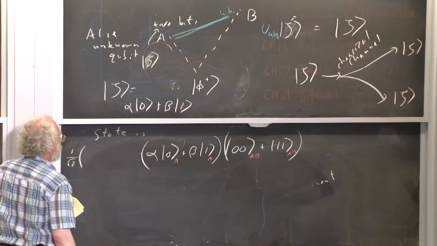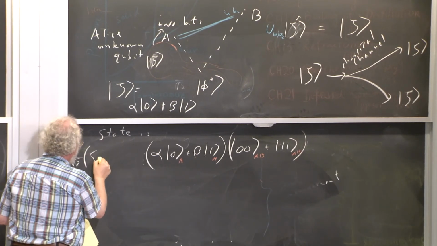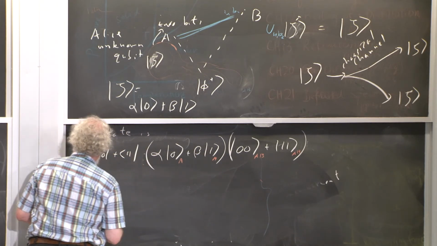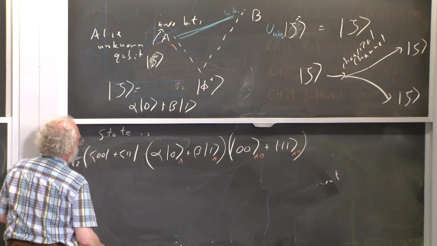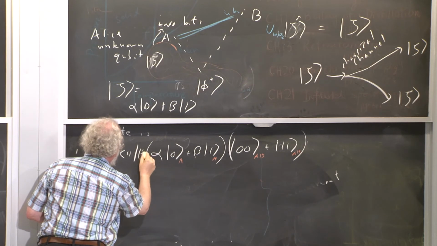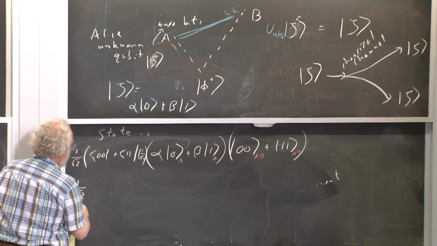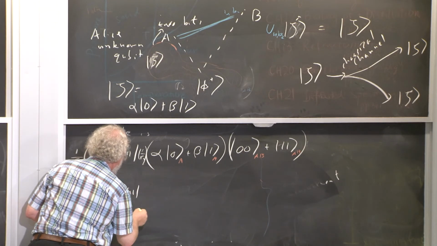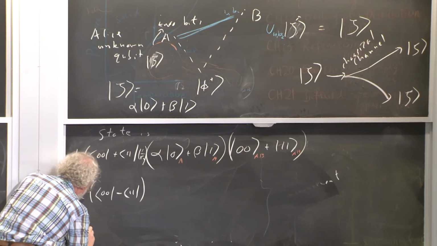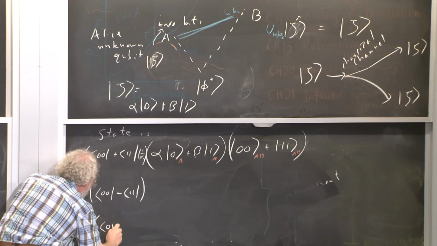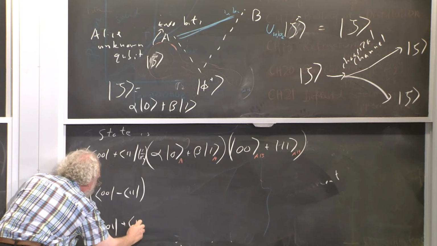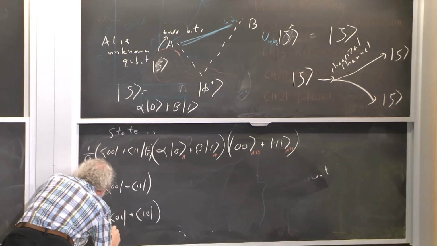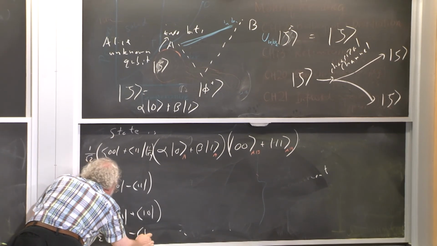So what we do is we take the inner product of this with 1 over root 2, 0, 0, plus 1, 1, with 1 over root 2, 0, 0, minus 1, 1, 1 over root 2, 0, 1, plus 1, 0, and 1 over root 2, 0, 1, minus 1, 0.